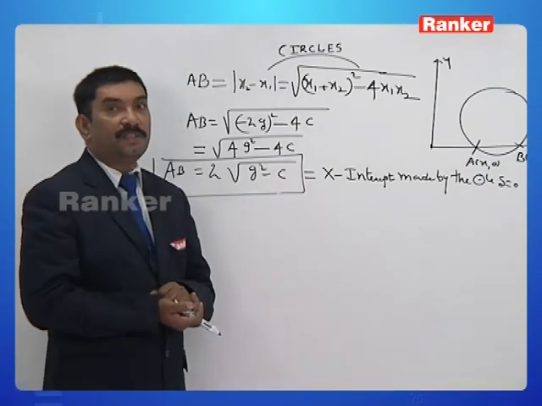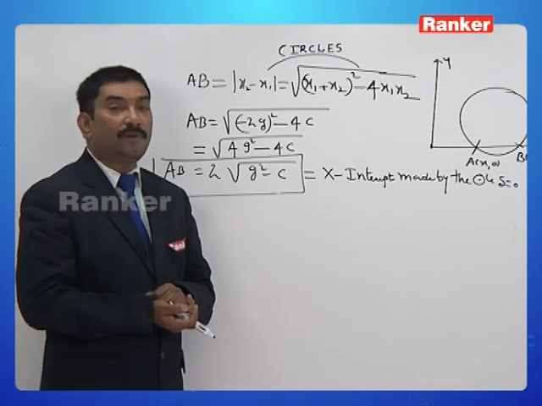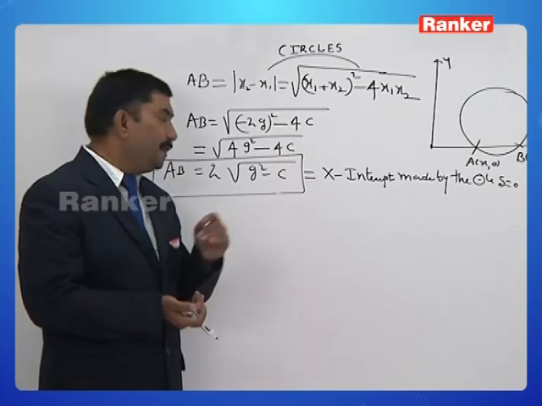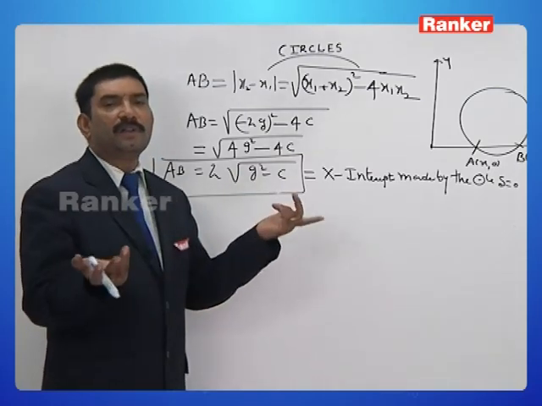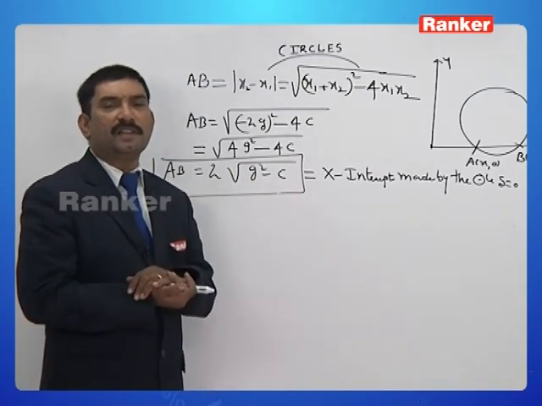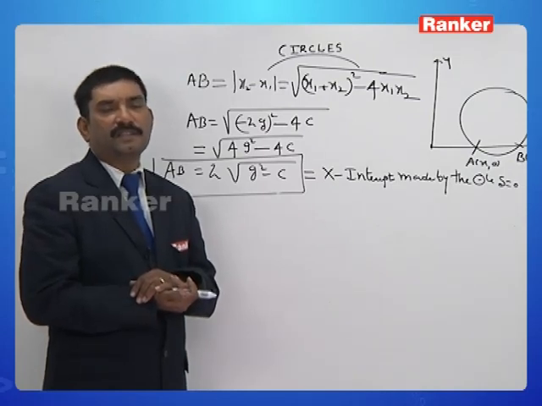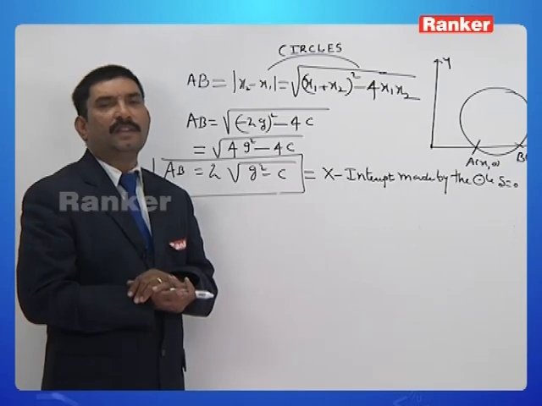When g square minus c is equal to 0, the length of the chord becomes 0, and the roots are real and equal. When it is less than 0, the roots are imaginary, which means the circle neither touches nor intersects the x-axis.